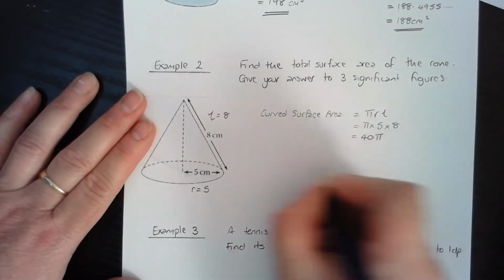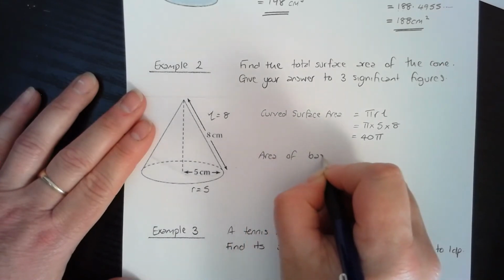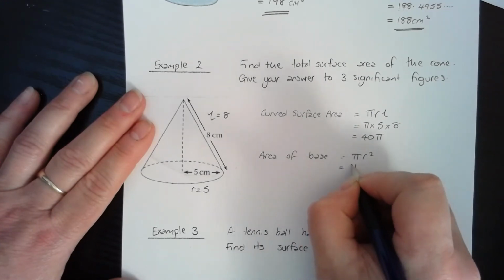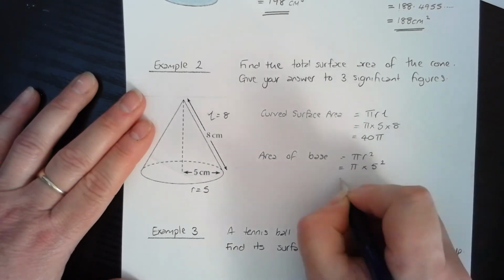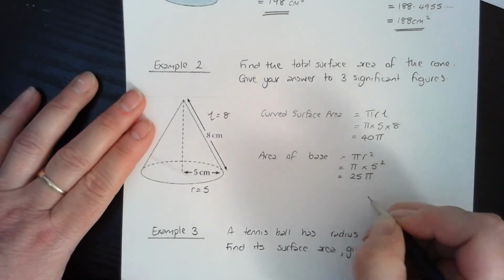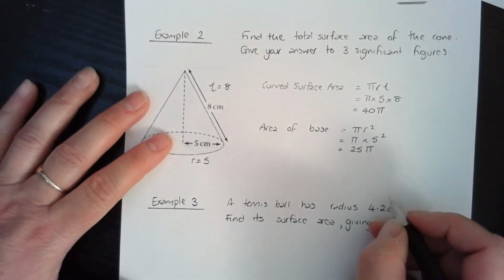The area of the base, which is a circle, pi r squared, pi times by 5 squared, so that's 25 pi. The same thing, I'm going to leave that in terms of pi, it just makes things a little bit easier.